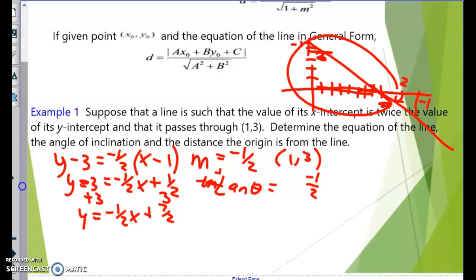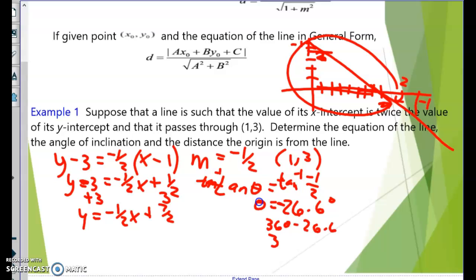Inverse tangent. Let me bust out my calculator here. I better pause. So it looks like my theta is a 26.6 degree negative angle. So if I'm going to do it counterclockwise to the positive x-axis, I would have to go 360 minus that 26.6, which gives me a 333.4 degree angle.